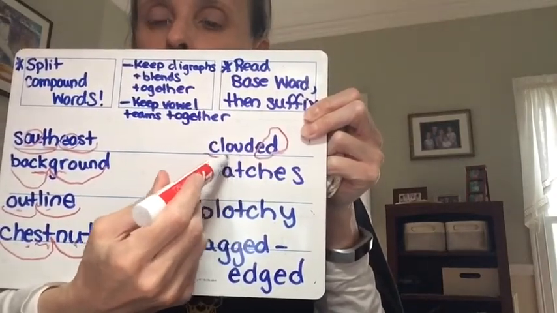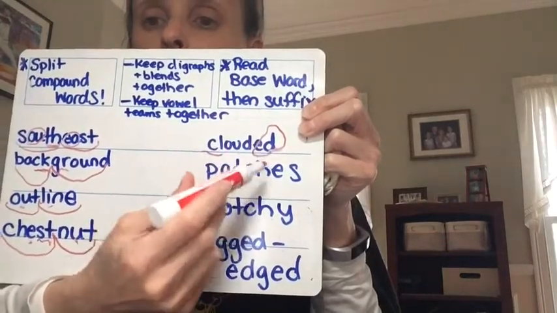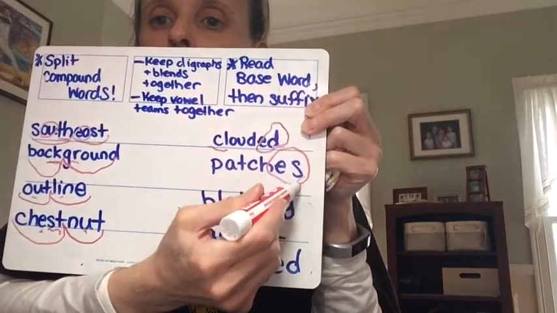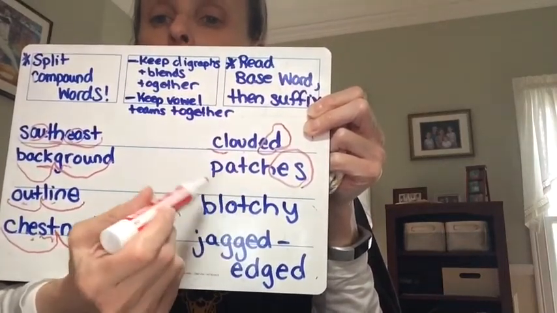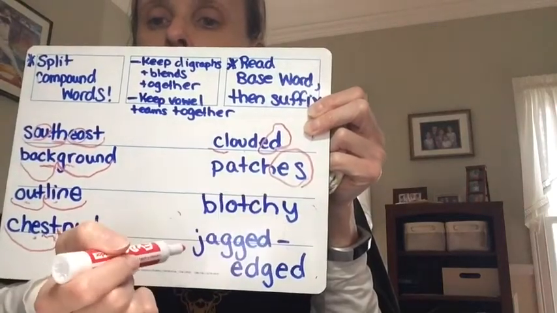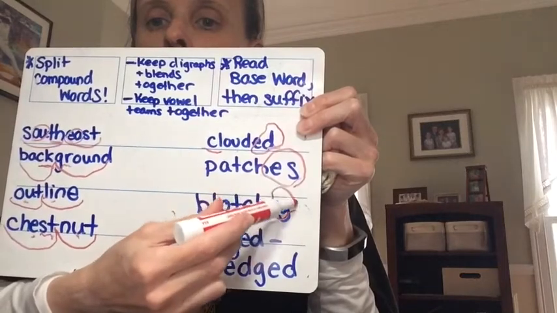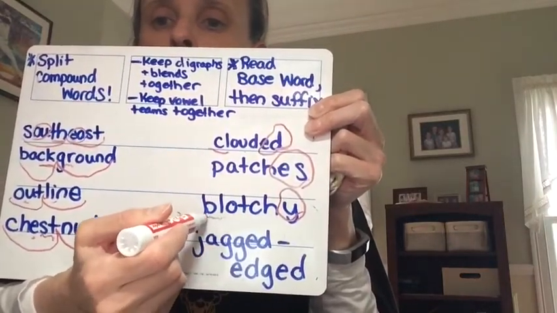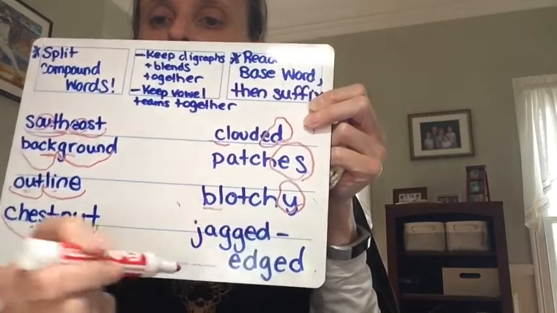Cool, and then you know OU says ow, cloud, clouded. You recognize the suffix here, patch, so patch is. I recognize this Y as a suffix, and I know that says E, so BL is my blend, ch, blotchy.